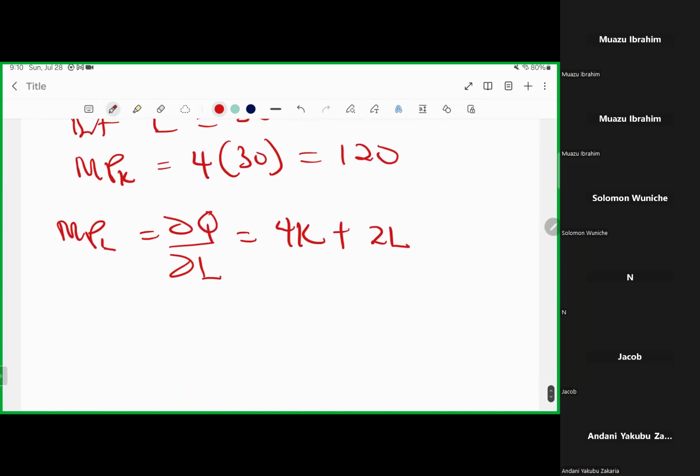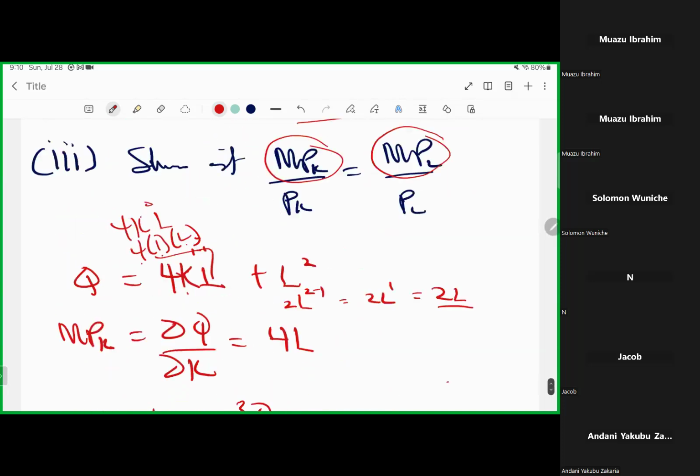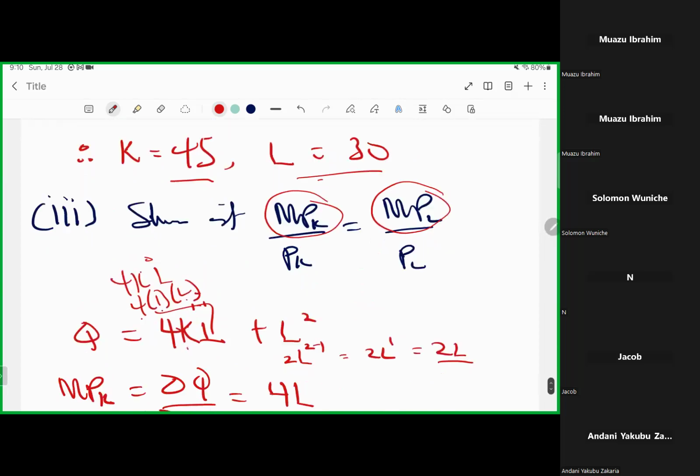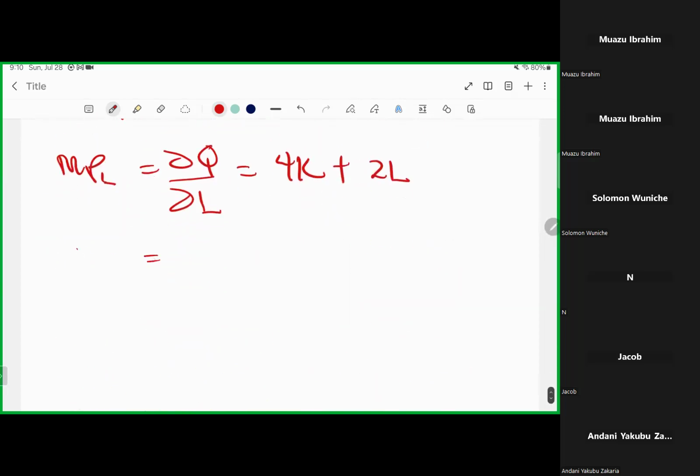But K is 45, L is 30. So here the marginal product of labor will be 4 times 45 plus 2 times 30.